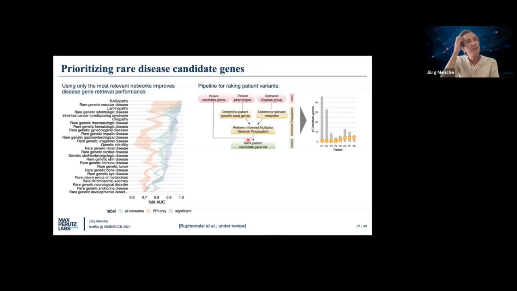We put this into our, how we call it, informed propagation pipeline, and then rank the individual variants in a patient. And we find that for a cohort of known rare disease patients, we are able to retrieve the causal gene at the top, or in the top 5 ranked positions.